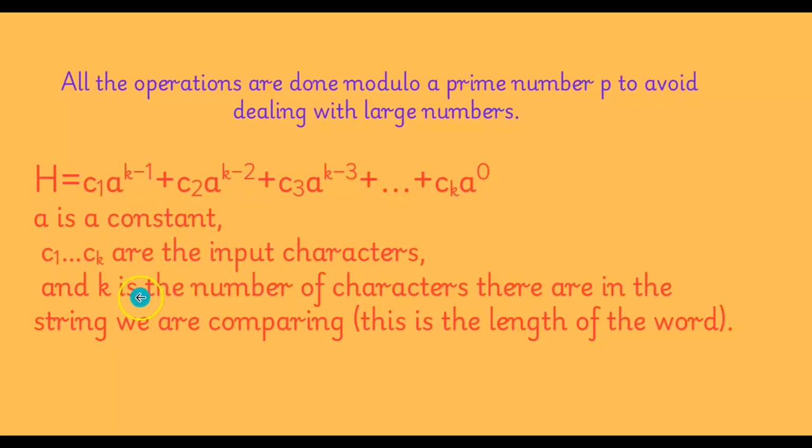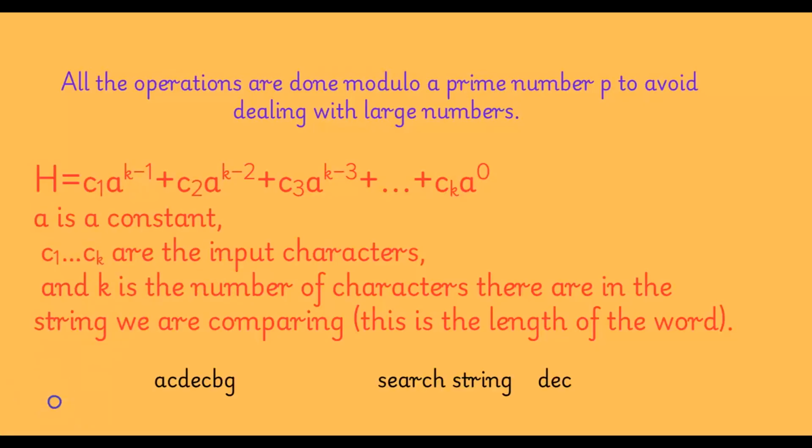And k is the number of characters in the particular string. Also, in hashing, all the operations are done modulo a prime number P to avoid dealing with large numbers. That means whatever result we get from this calculation, we apply modulus a prime number P so that we can reduce the number from a large value to a smaller value.